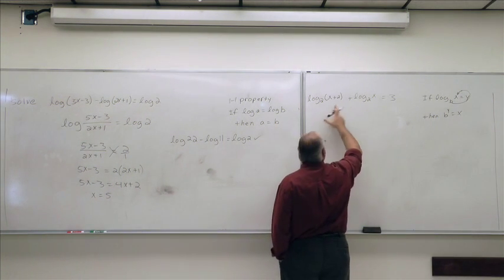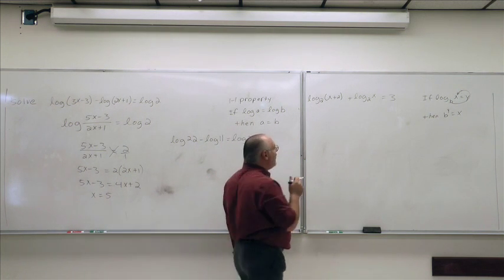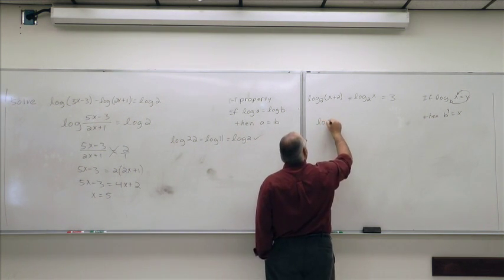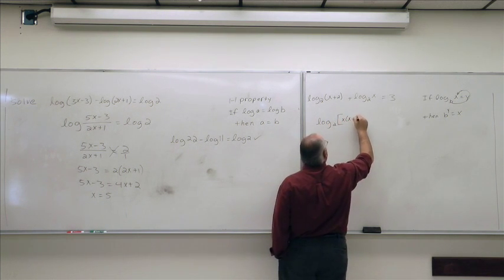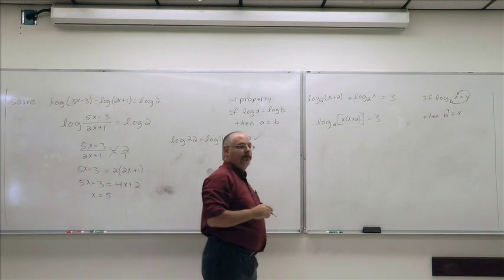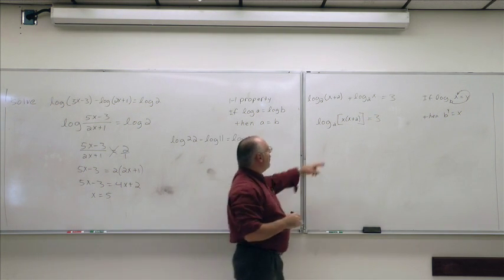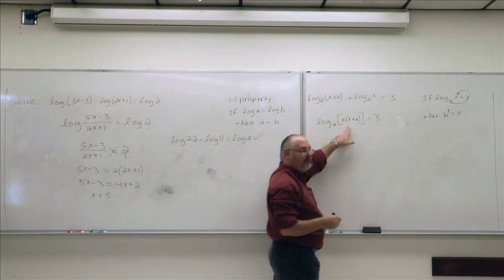So here I'm going to combine. Again, I need a single logarithm on one side. So this becomes the log base 2 of x times x plus 2 equals 3. The sum of logarithms becomes the log of a product.